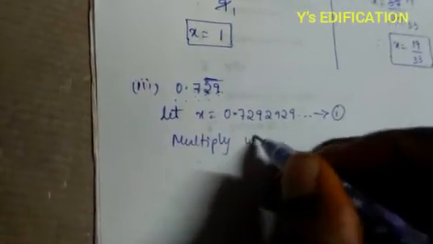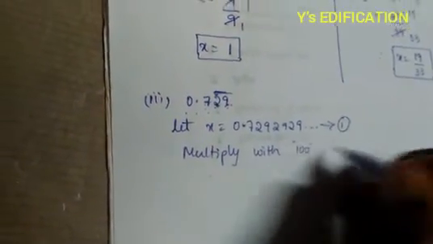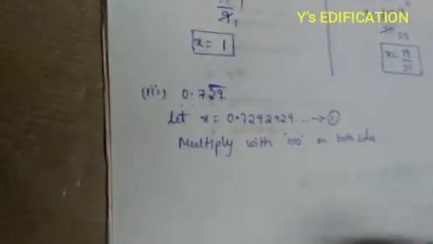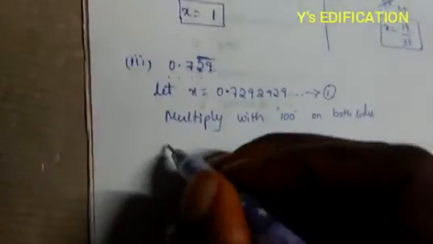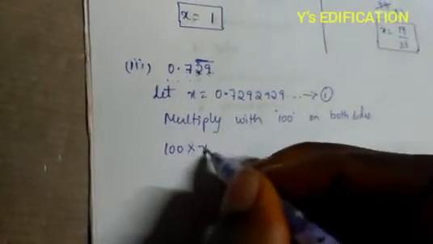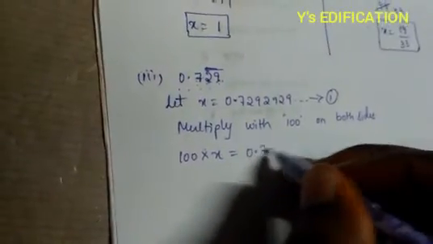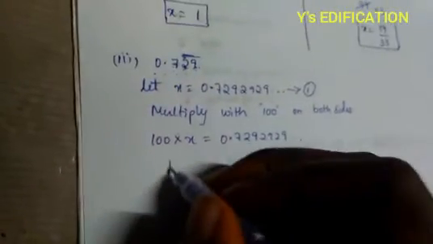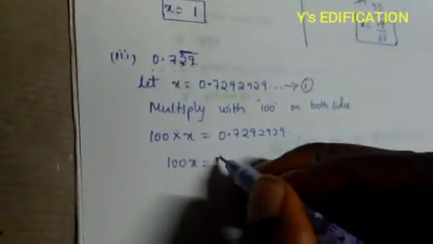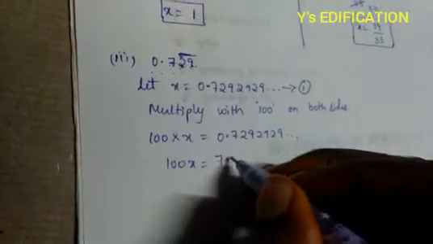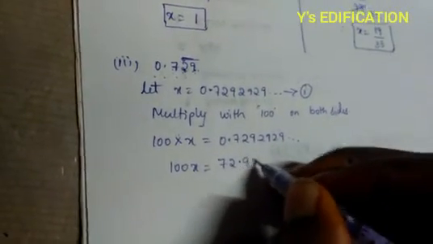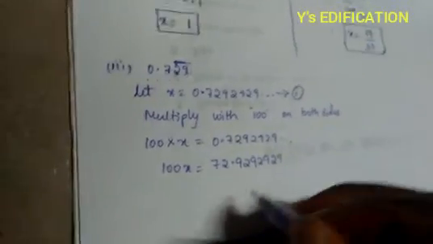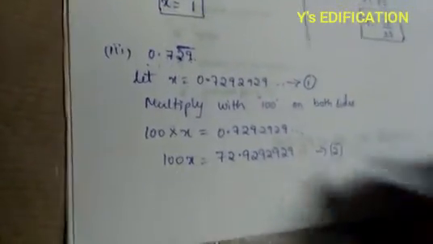Multiply with 100 on both sides. So 100 into x is equal to 100 into 0.7292929. That means 100x is equal to 72.9292929. Now this will be equation 2.